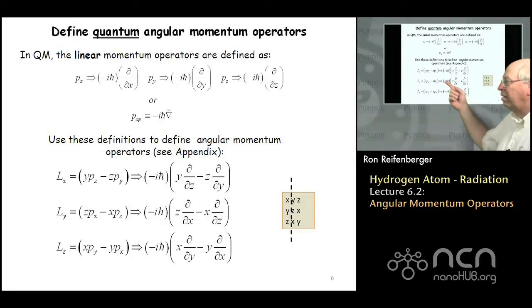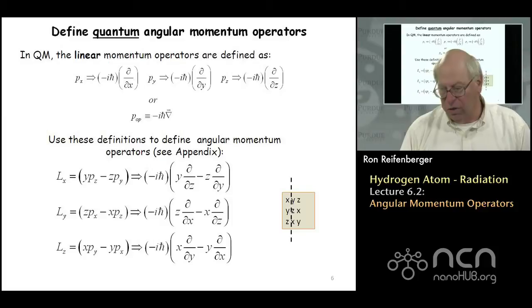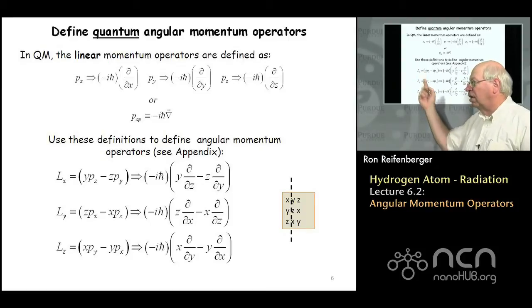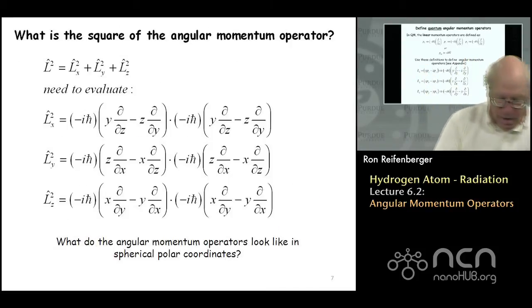You can do that for the y component and the z component of angular momentum. I just list the results here. It all comes from the classical definition of angular momentum, considering a particle moving in a circular motion. If you take a minute to look at the appendix, I think you'll be able to convince yourself that you understand where these quantities come from.